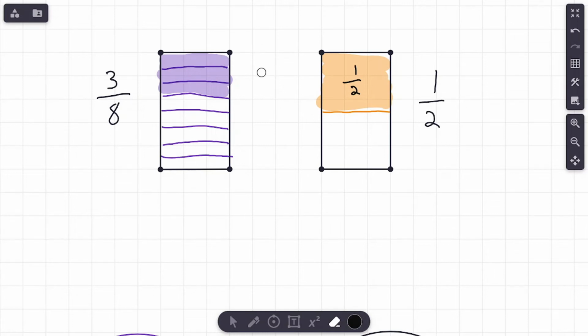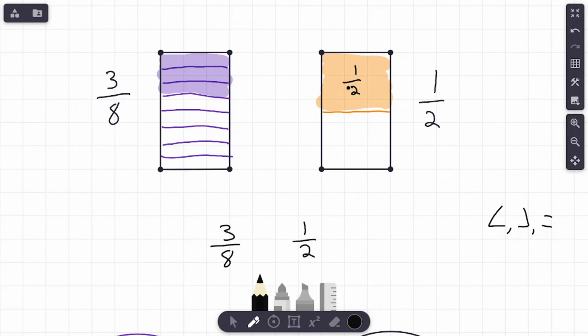Now, let me draw in my symbols real quick. So we've got less than, greater than, equal to. So we've got our fractions. We have drawn the fraction models on the screen. What are you noticing?